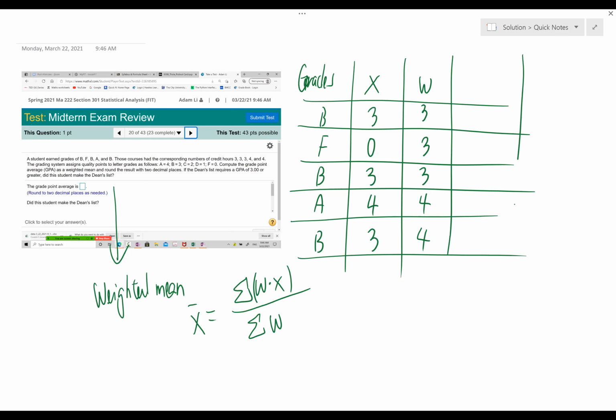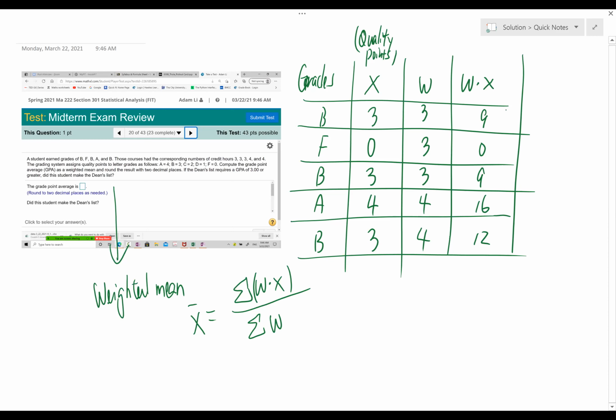Now, all we have to do is calculate W times X, the weight times the quality points, where X represents quality points. So 3 times 3 is 9, 0 times 3 is 0, 3 times 3 is 9 again, 4 times 4 is 16, 3 times 4 is 12.